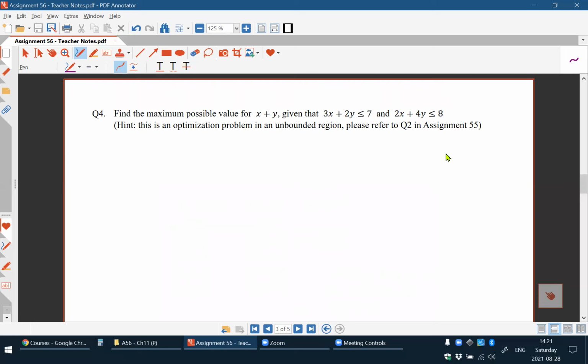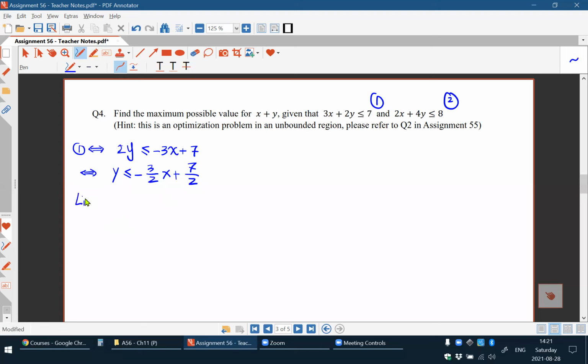So let's have a look how we can do this. Let's start from the two constraints here. Let's label them as 1 and 2. The first constraint is equivalent to 2y less than or equal to minus 3x plus 7, which is equivalent to y is smaller than or equal to minus 3 over 2 x plus 7 over 2.